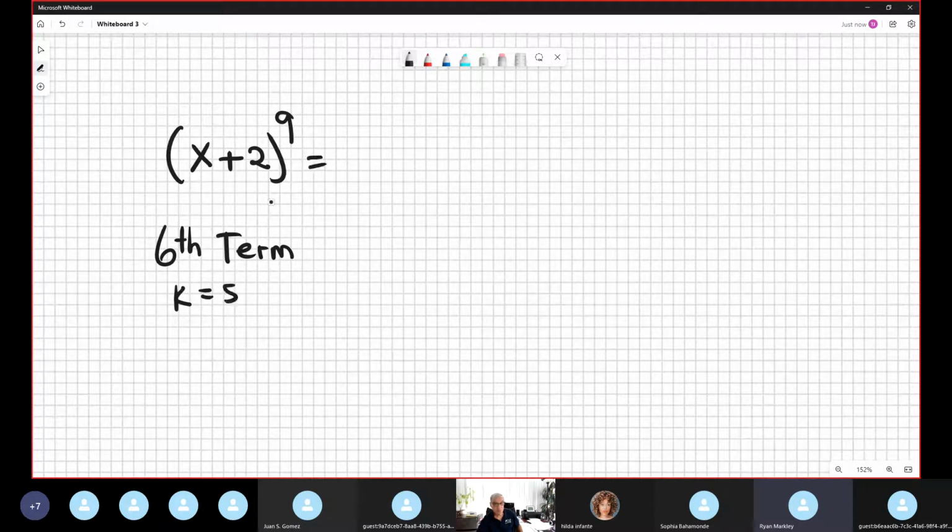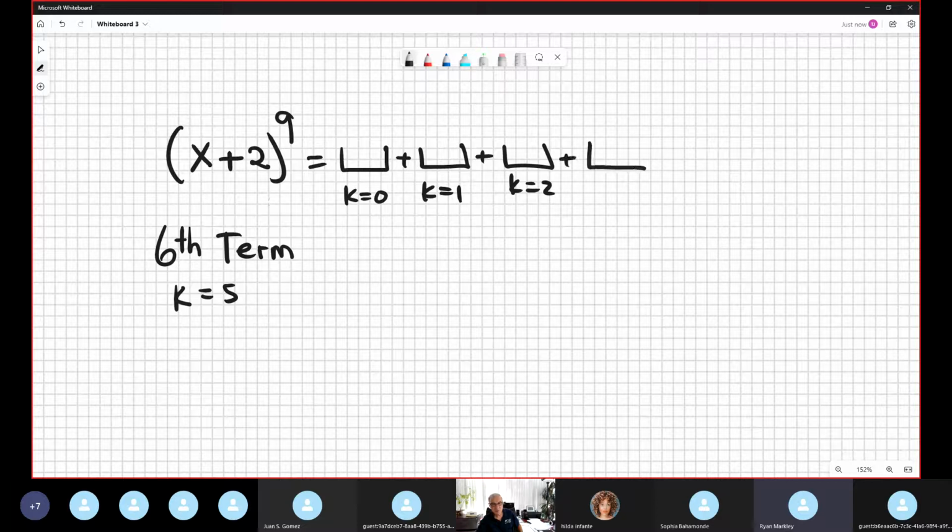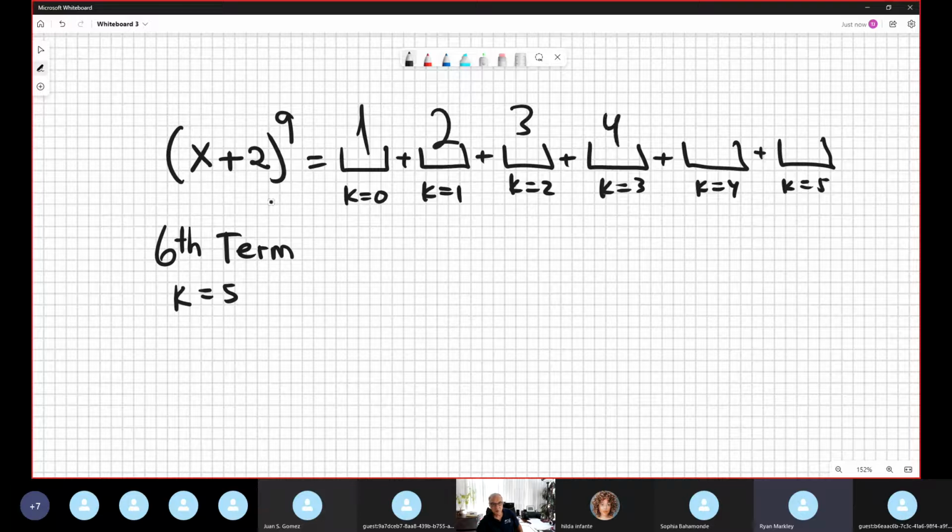Remember, when you expand this, the first guy is K0, plus the second guy is K1. The third guy is K2, plus K3, plus K4, and this is plus K5. Let me count. 1, 2, 3, 4, 5, and 6. It's exactly the same.